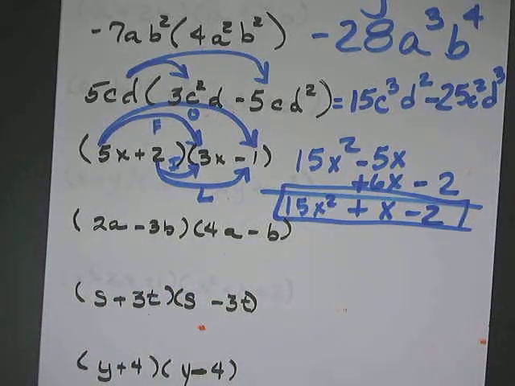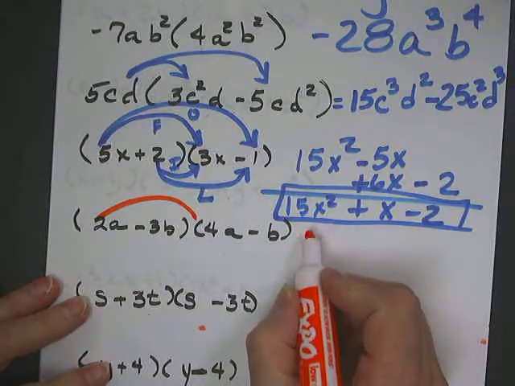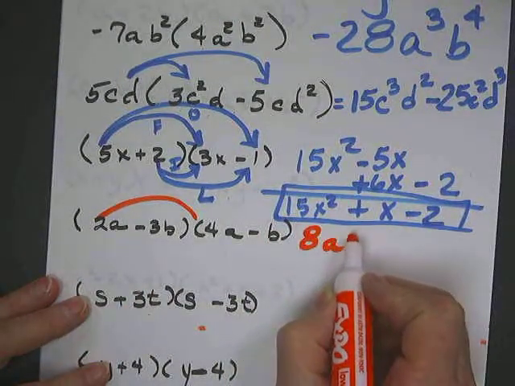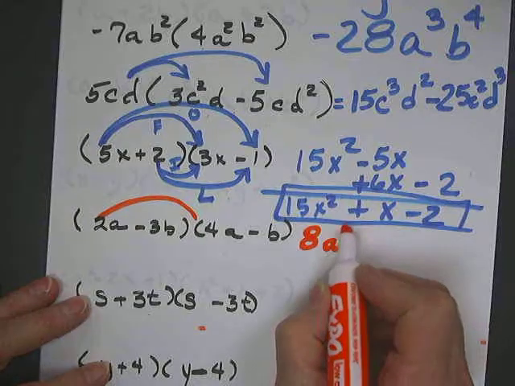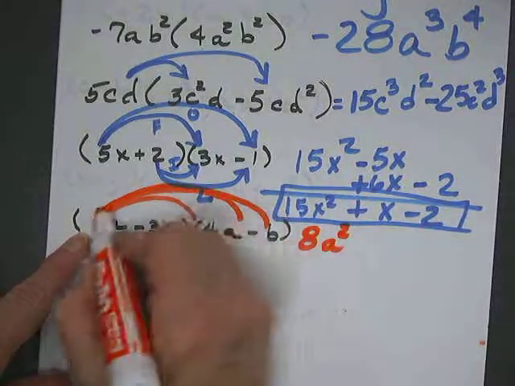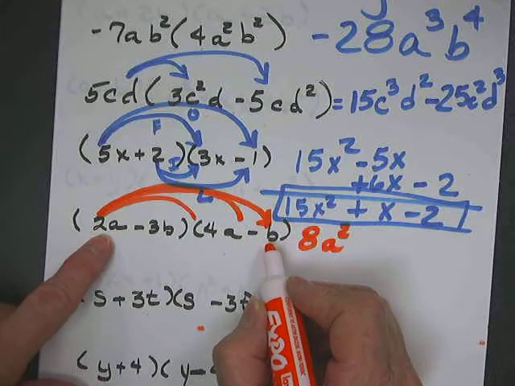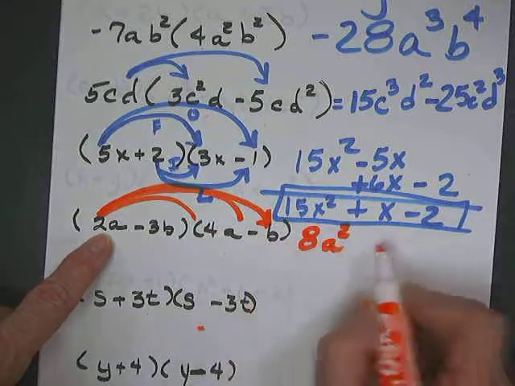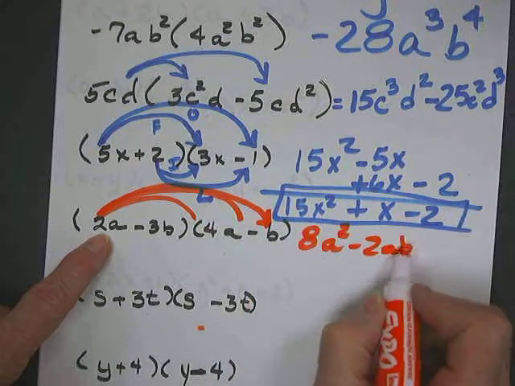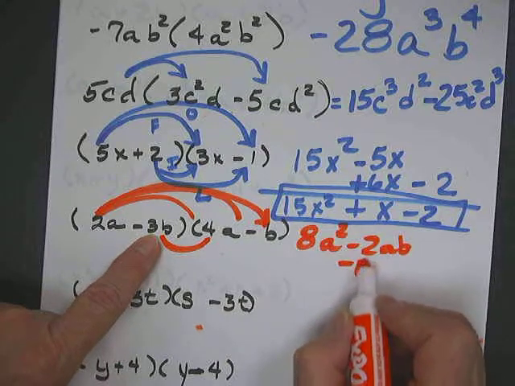Another foil. Do a different color. First times first, 8 a squared. Outside, minus 2ab.